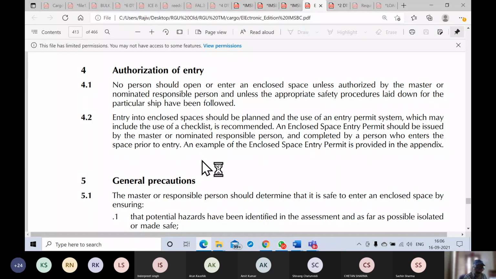Checks have been done, and he has gone inside the enclosed space. Now, there is also a person standing by. The person who has made entry is signaling for help. He is requiring help. So, this person who is now required to go and help, should he be filling up the enclosed space entry form again?